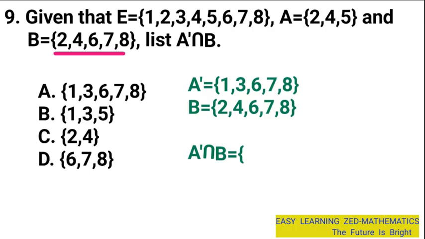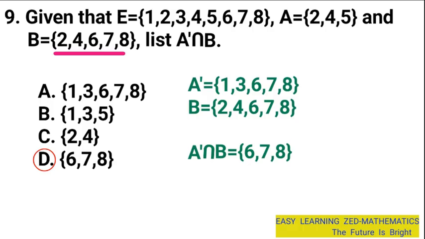Therefore 6, 7, 8 make the A complement intersection B set. So we're going to write 6, 7, and 8. Okay, like that. So the set of A complement intersection B is 6, 7, 8. So the correct answer was D. D was the correct answer.